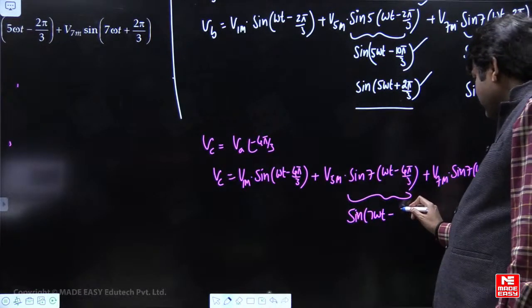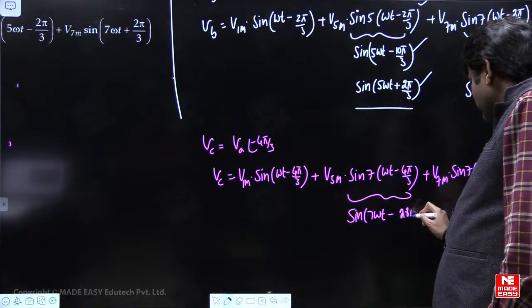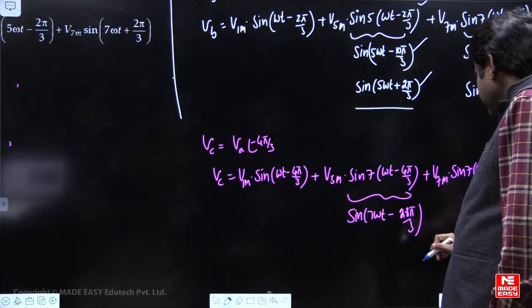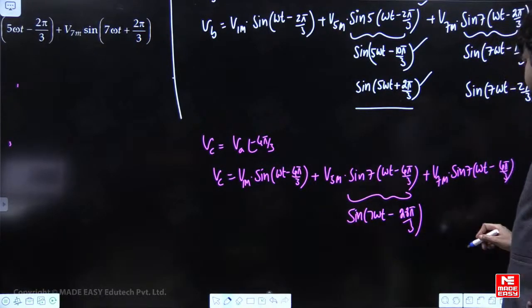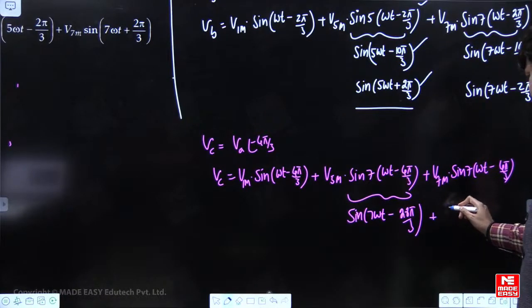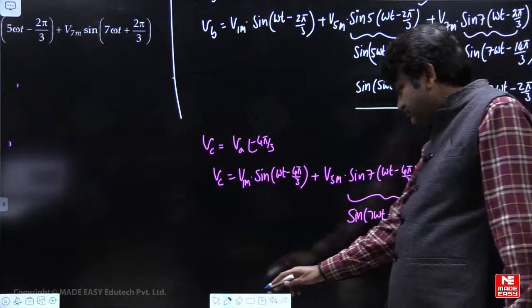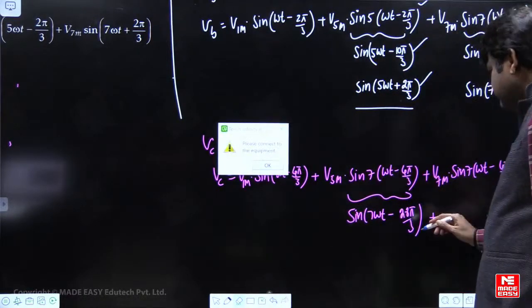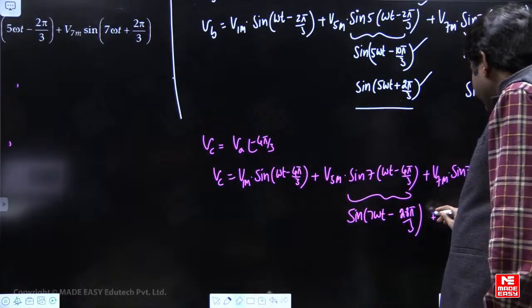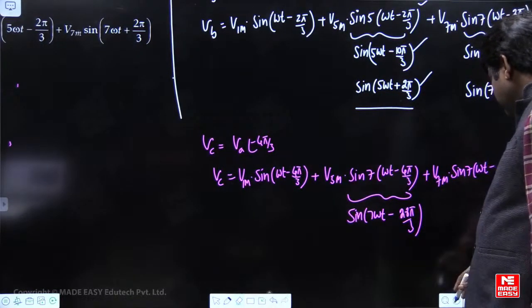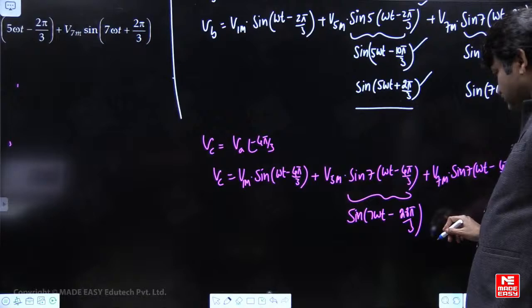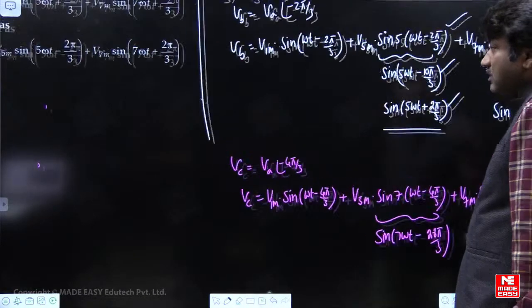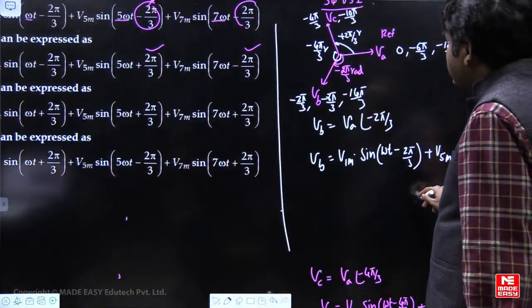Sine of 28 into pi by 3 plus this one. How to write this 28 into pi by 3? Yes, so look here.